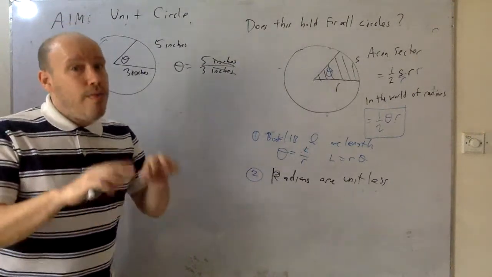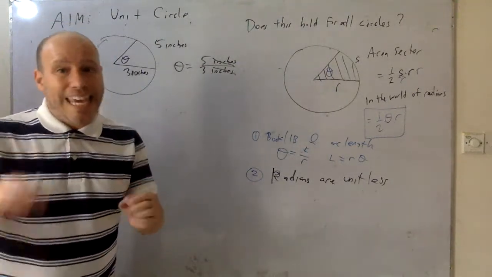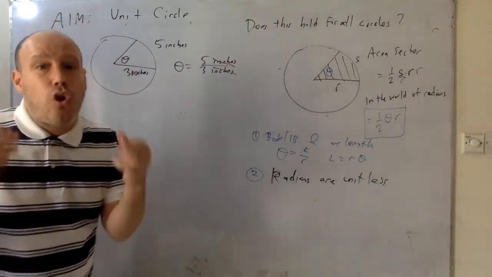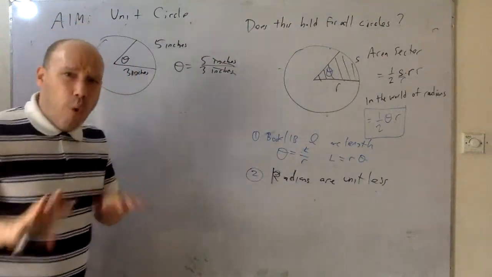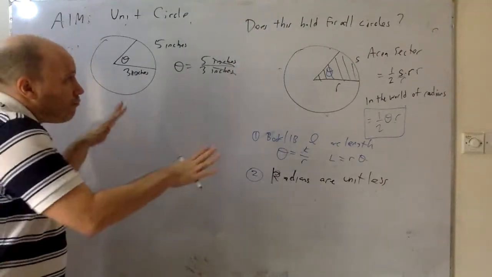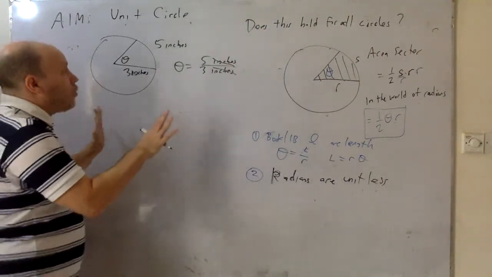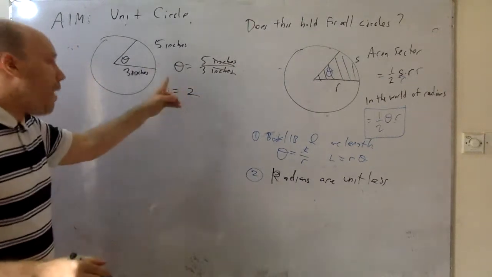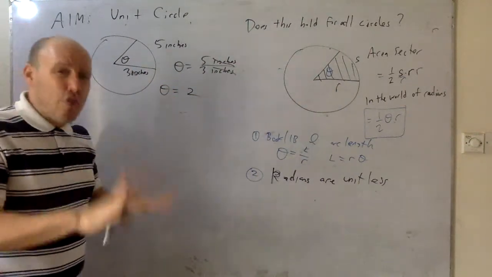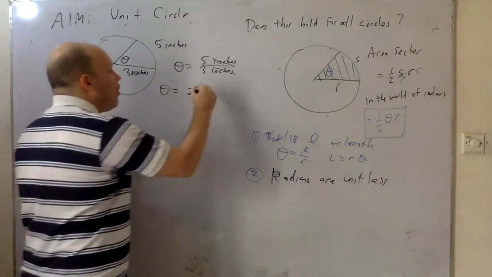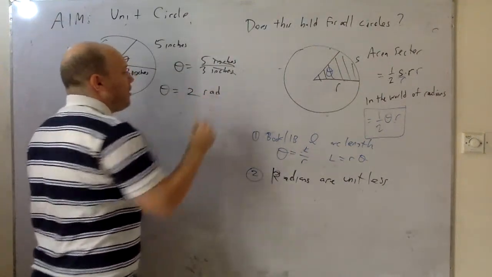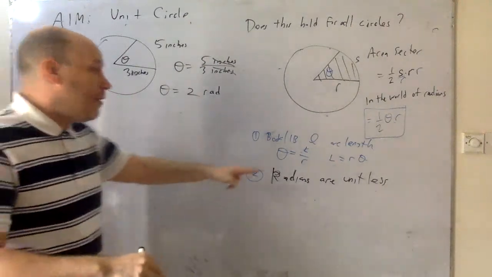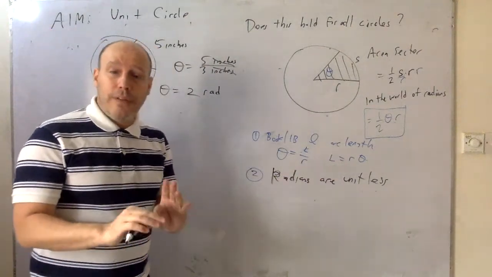We'd say radians on the side, but there's no units. There's no inches. There's no degrees. It has no units. That's not really important. But if theta equals 2, that's a correct answer. If you're nervous, like I get sometimes, you can write radians. You'll see it. But just know they have no units.